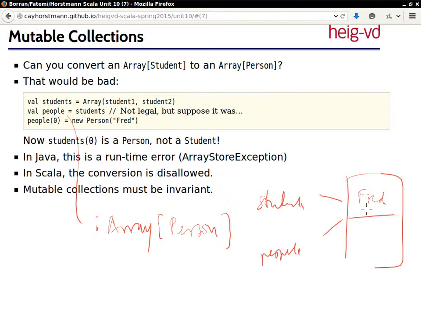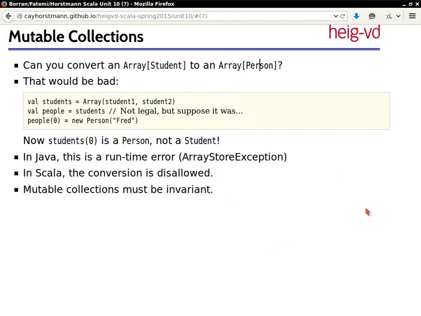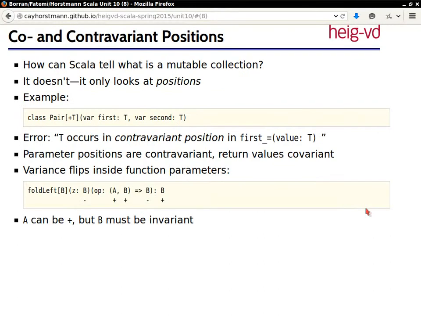In Java, one isn't quite so picky, but that's how it is in Scala. And so for that reason, it is simply impossible to define mutable collections that are covariant. It would be unsound. You can't have a collection that has both loads and stores and that has type variance in either direction. So having both loads and stores forces your collection to be invariant.